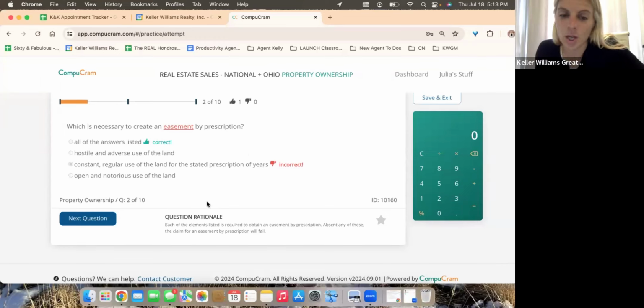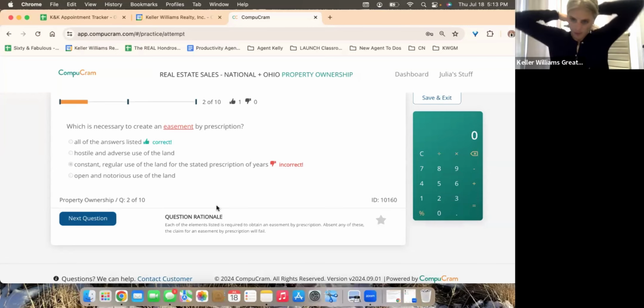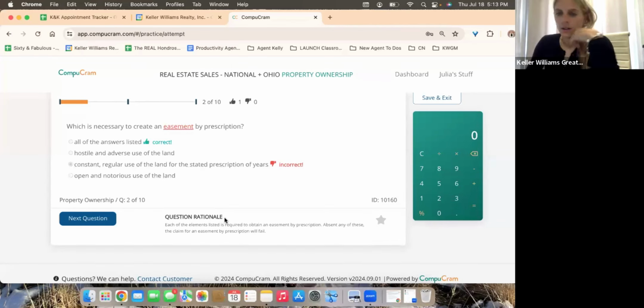Actually, I forgot about that one. So yeah, easement by prescription can be created by hostile and adverse use of the land, constant regular use of the land, stated by prescription of years, or open notorious use of the land. It's usually all, yes, good, agreed.